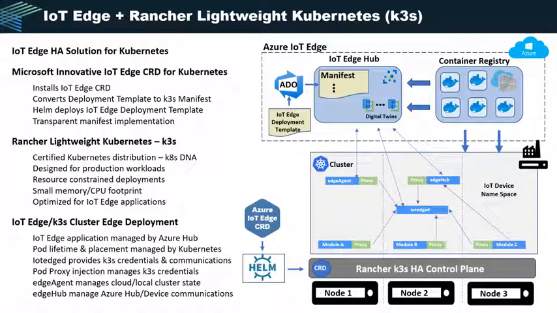So they developed a proxy, or they call it a sidecar, that sits within each of the IoT Edge containers, and that proxy works with IoT Edge and manages capturing all of the security credentials from Kubernetes. Edge Agent now just manages the application within the namespace.